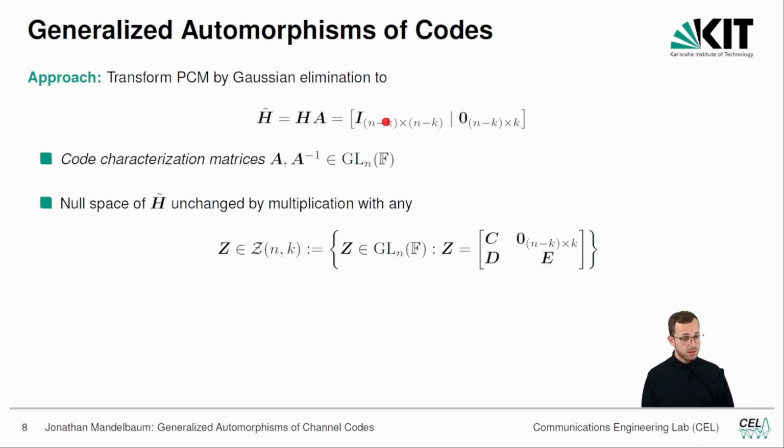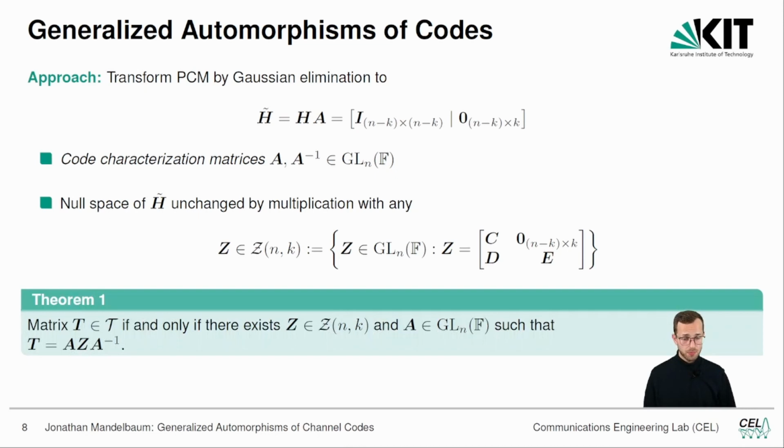And then it's easy to check that the null space, and therefore the code defined by H tilde, is unchanged by multiplication with any matrix of this following set, where it's important to notice that we have a zero block in the upper right corner and a non-singular matrix E in the lower right corner.